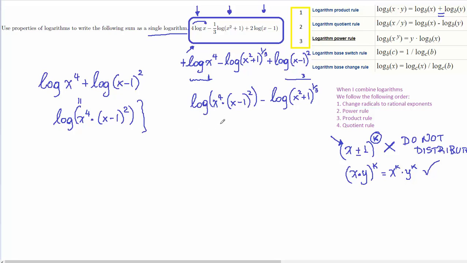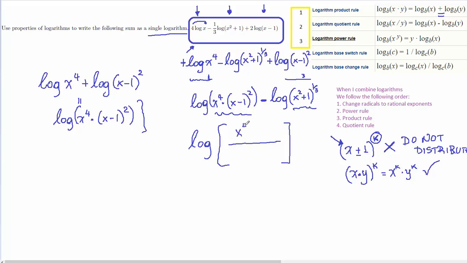Right here now I have two logarithms, right? And I have the difference of two logarithms, so I can apply the quotient rule. So this means that this one will be the numerator and this will be the denominator of the logarithm. So I combine this into one logarithm. Remember, one logarithm, and everything that I get is going to be the numerator and the denominator of the fraction.